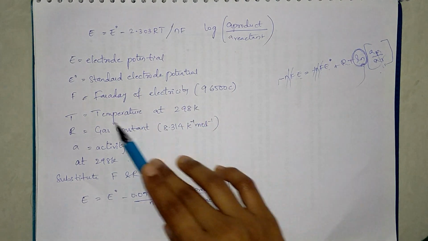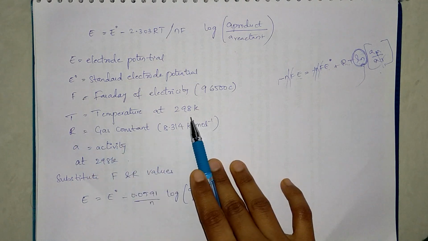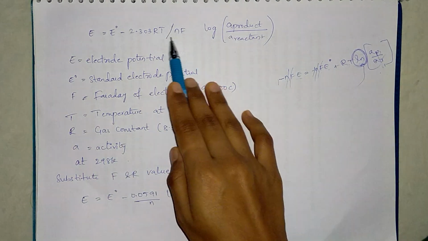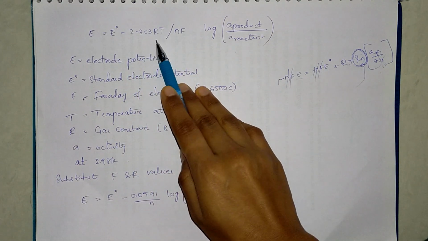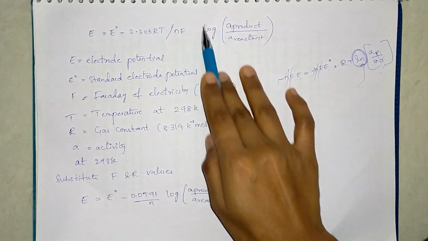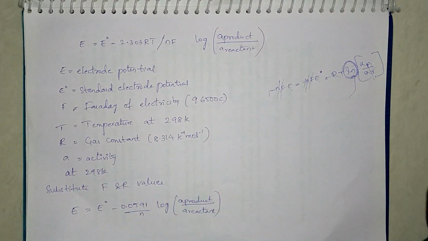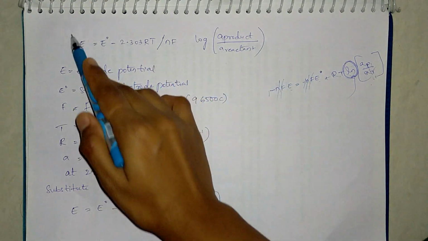For F we have used 96500, for R 8.314, and for temperature 298 Kelvin. After substituting these values, we get the factor 2.303, and here ln is changed to log. After substituting all these things, this is the final formula.